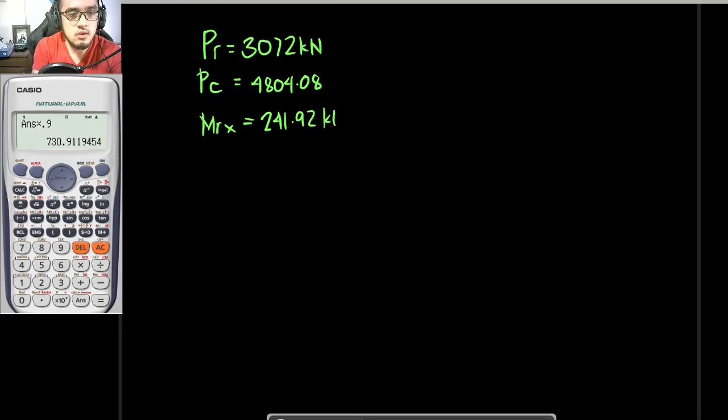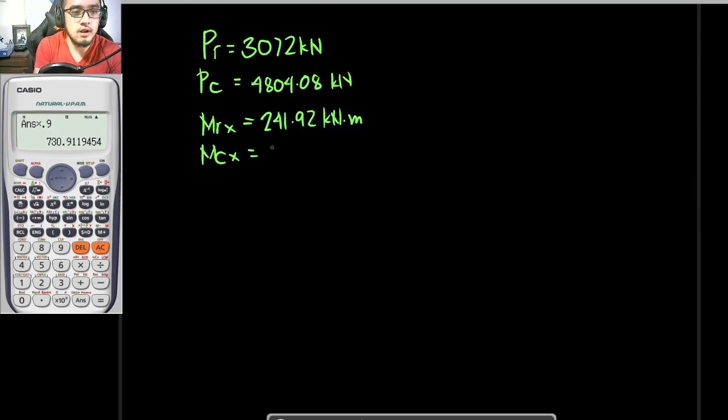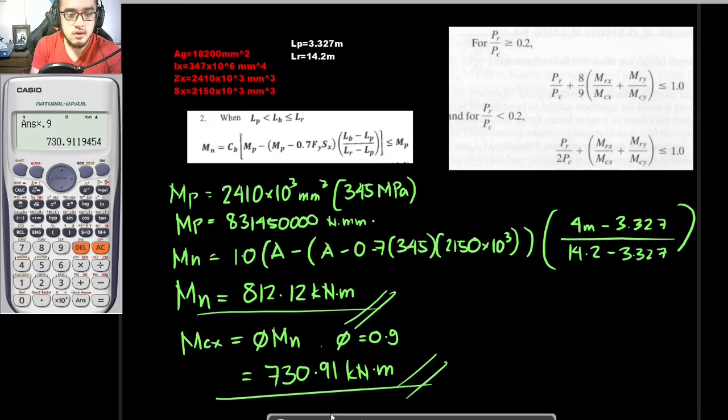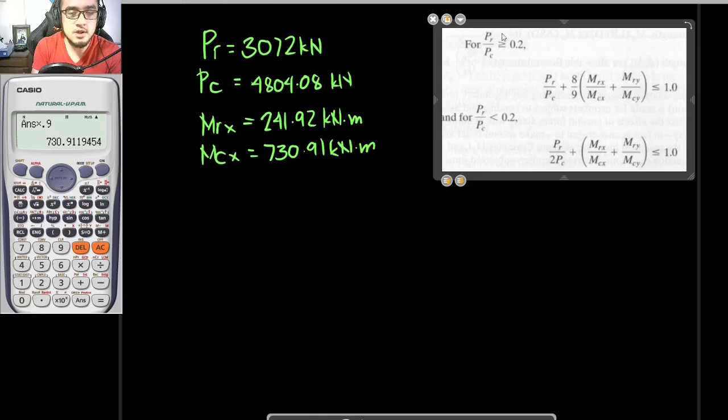241.92 kilonewton meter. So this is to be kilonewtons also. And as for our Mcx, so ito yan, 730.91 kilonewton meters. So if I am to copy this, substitute natin, no?